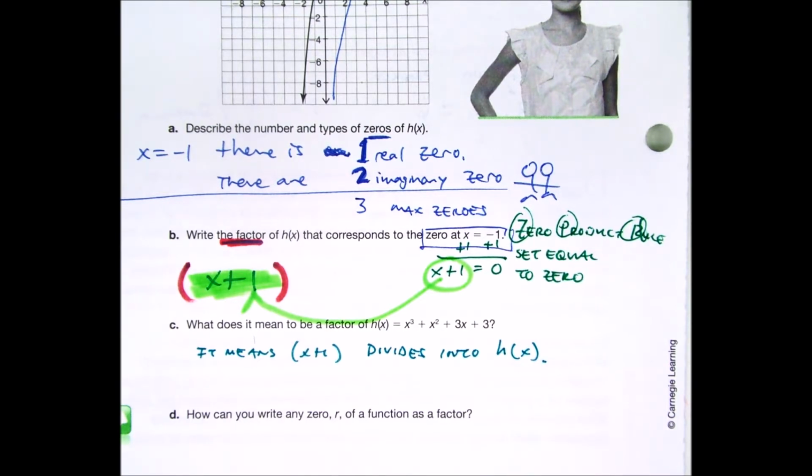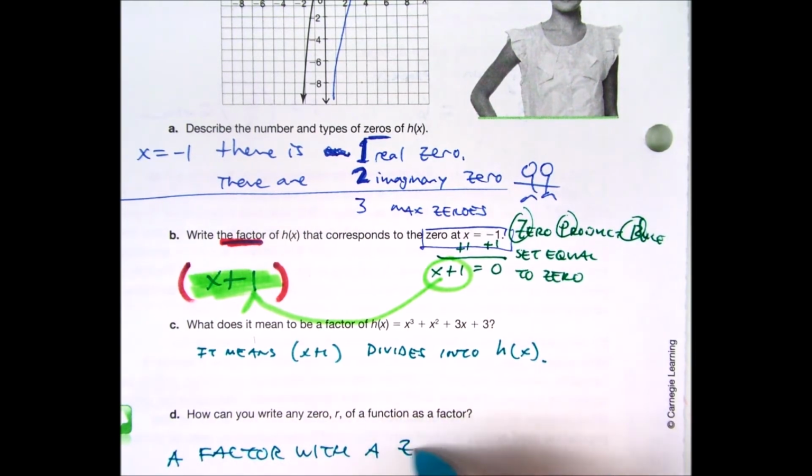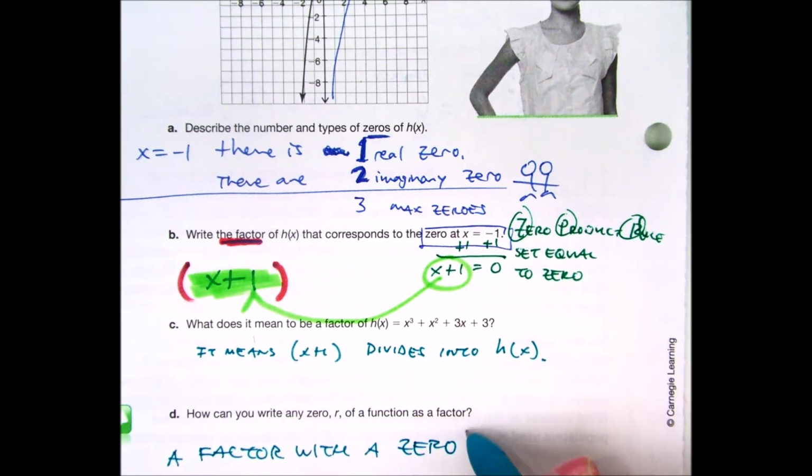And D, read for us. Bernard? How can you write a factor with a zero R?